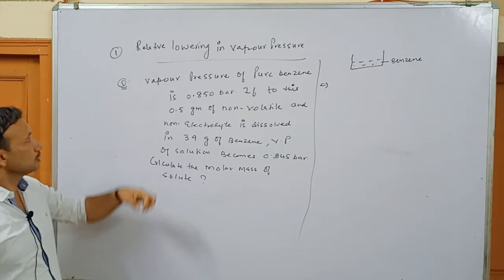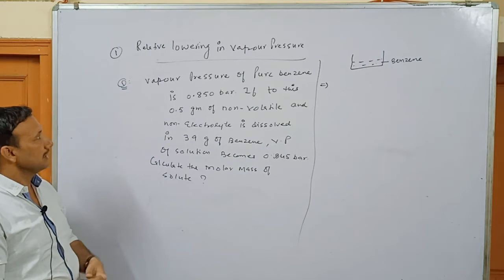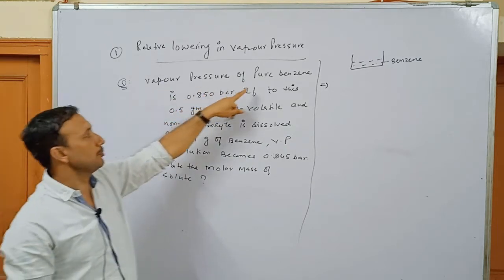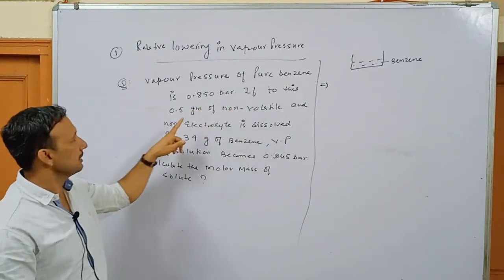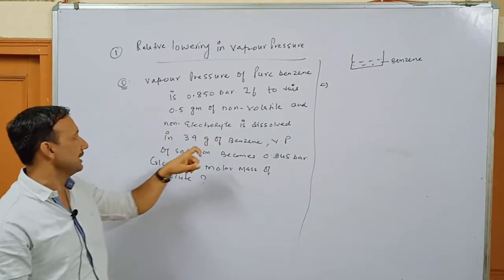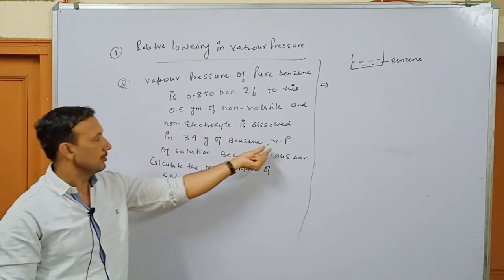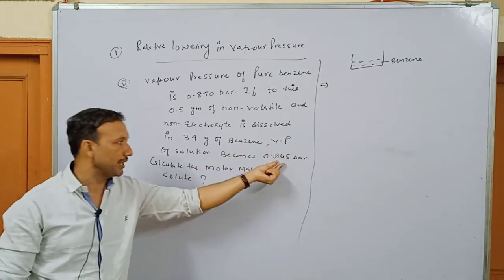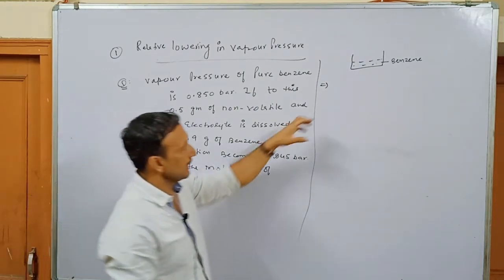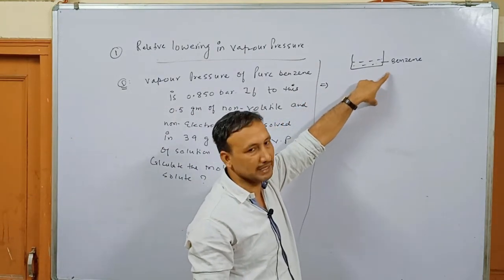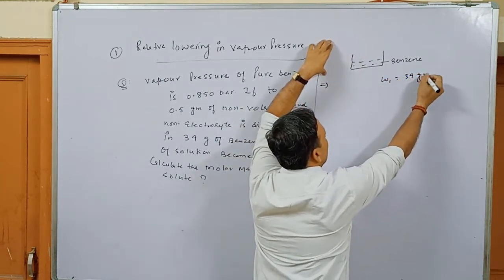So our first problem on relative lowering in vapor pressure, and the problem is: vapor pressure of pure benzene is 0.850 bar. If 0.5 gram of non-volatile and non-electrolyte solute is dissolved in 39 gram of benzene, vapor pressure of solution becomes 0.845 bar. Then calculate the molar mass of solute. That is, we have a pure solvent benzene whose weight is 39 gram.